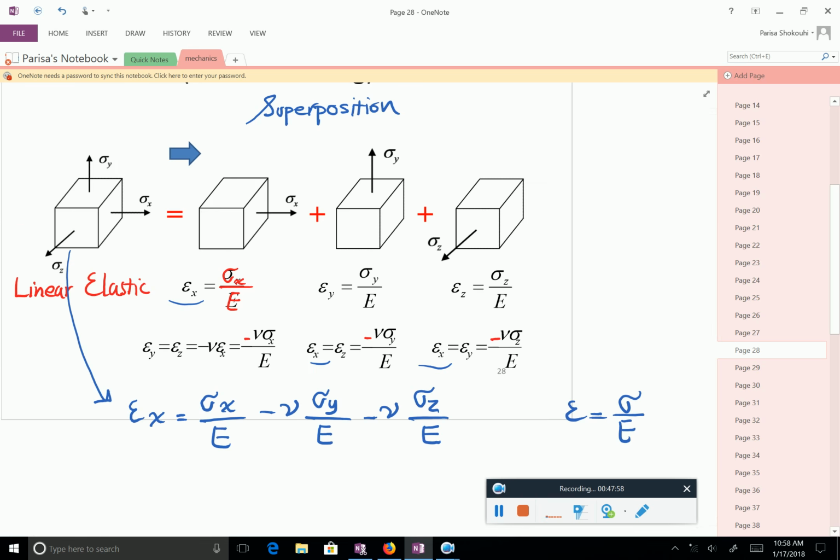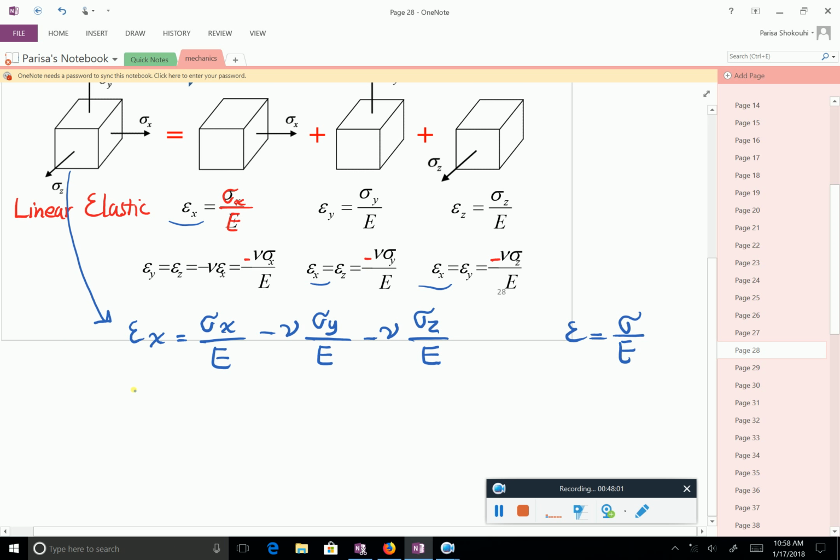Now, before I let you go, try to write epsilon y and epsilon z for yourself. See if you can do it. That would tell me that you got the basic idea of the generalized Hooke's law. If I want to write epsilon y, I also have to sum up the epsilon y from the first block plus the second and third, because remember, the real stress situation is a summation of the sources.